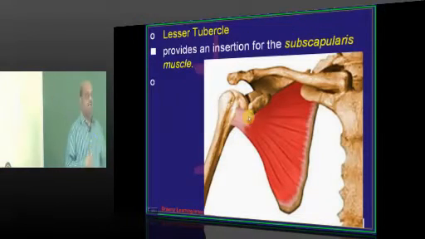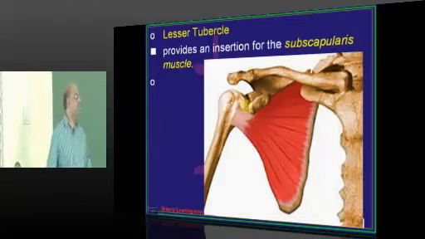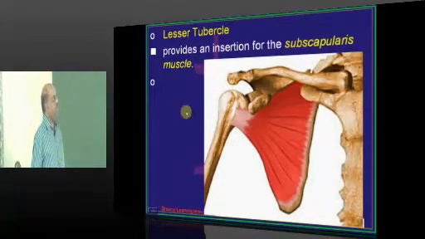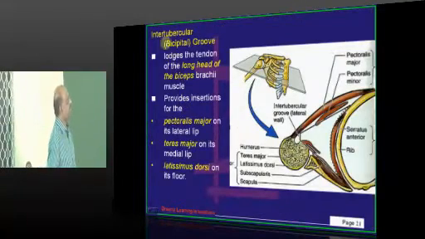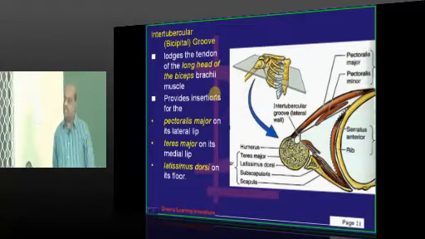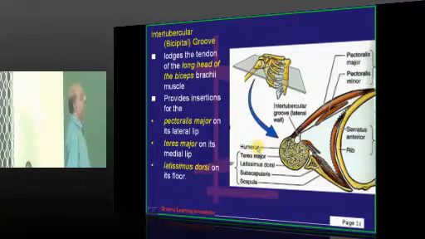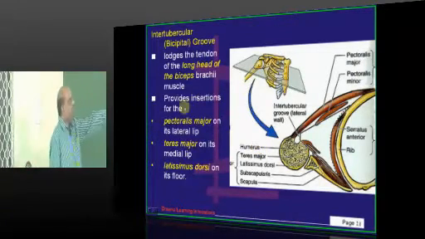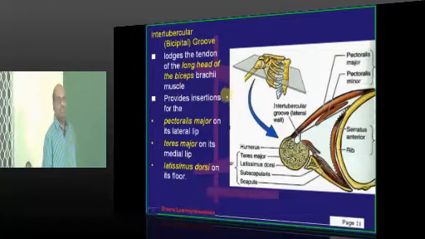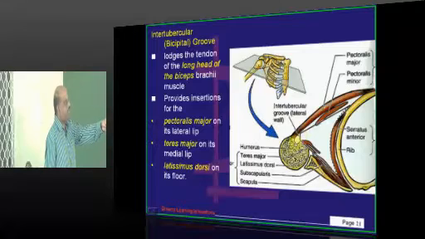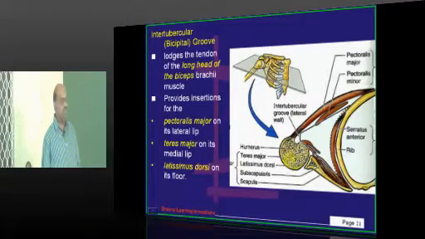Yes, the lesser tubercle is very important because it is the point of insertion for the subscapularis muscle. We were discussing the intertubercular groove. The long head of the biceps, its tendon, passes through the intertubercular groove.